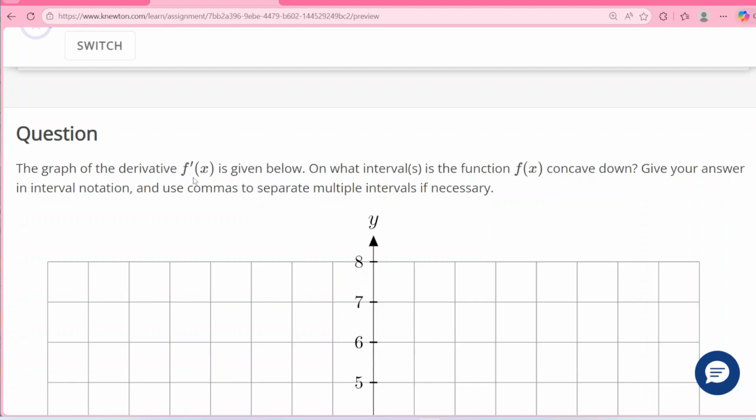And then wherever f prime is decreasing, right, wherever f prime is going down, that's where the second derivative will be negative and where f will be concave down. Okay, so if we're given the graph of f prime and asked where is the original function concave down, I need to figure out where is f prime decreasing. Because if f prime is decreasing, then f double prime will be negative and the original will be concave down.